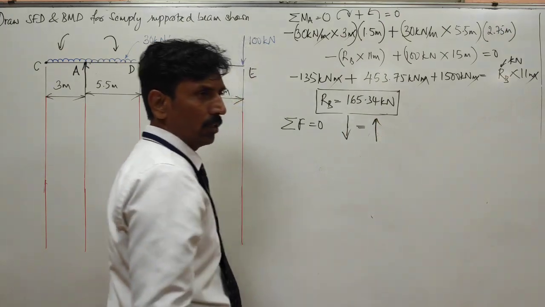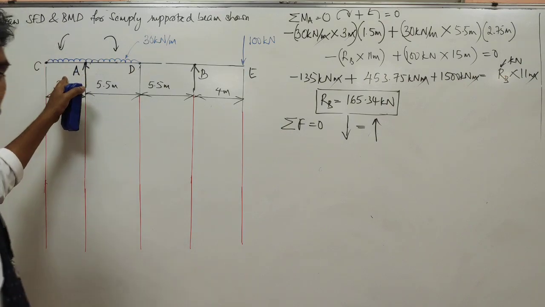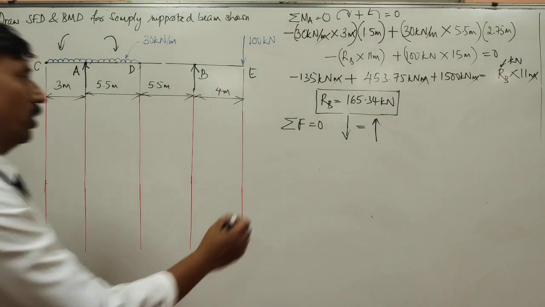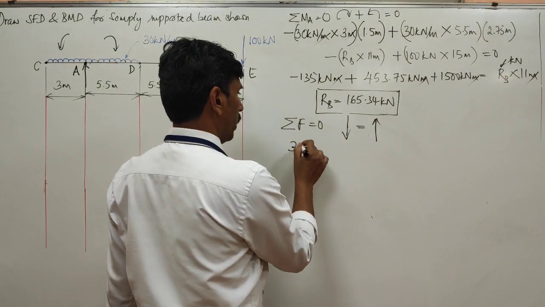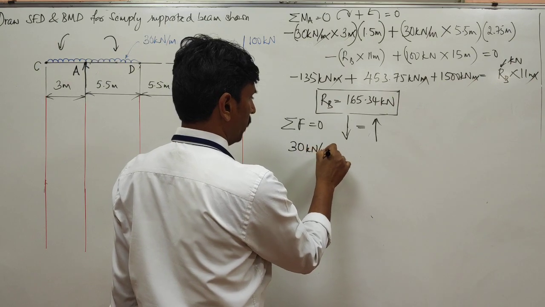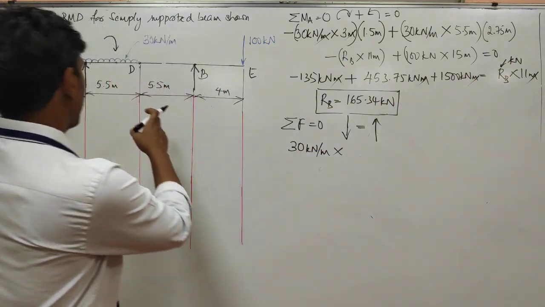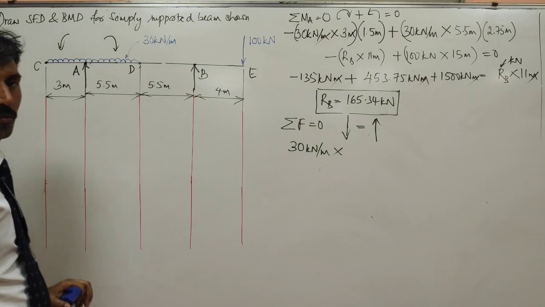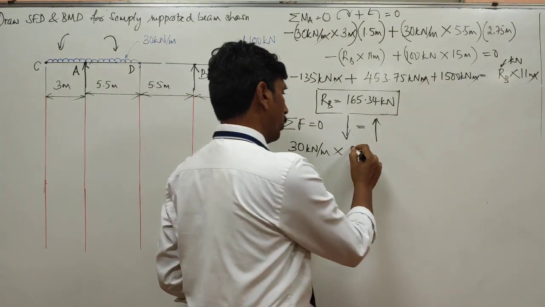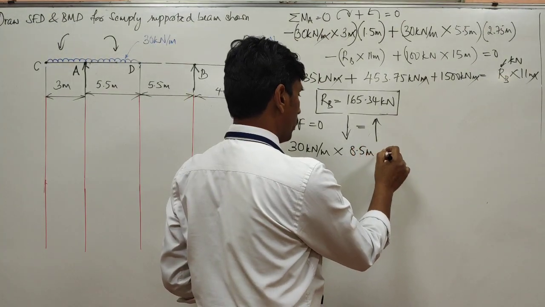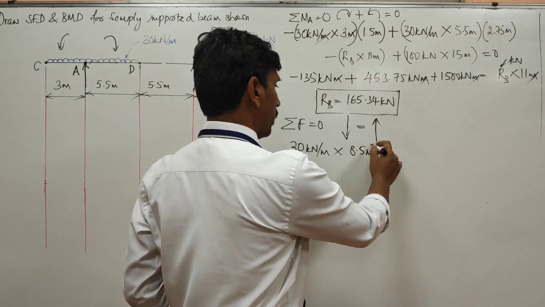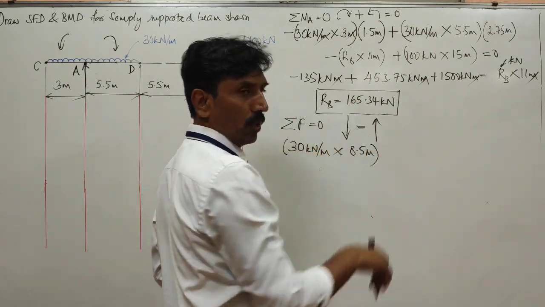That will be easy for me as per this rule. Forces acting downwards is 30 kilonewton per meter, which is spread over 8.5 meters of length. That is the load acting downwards.